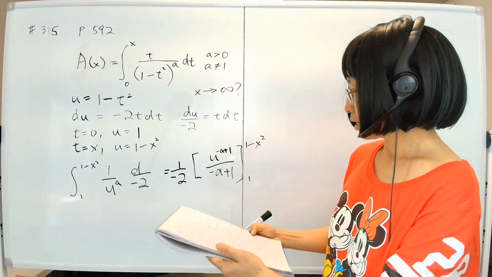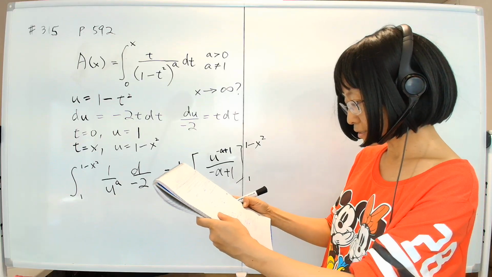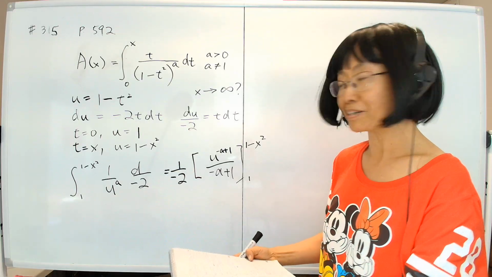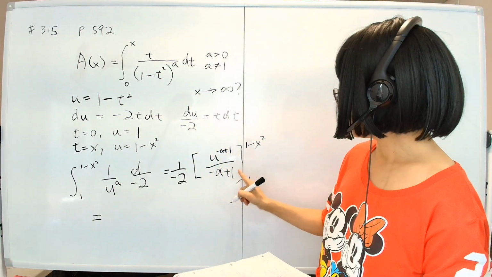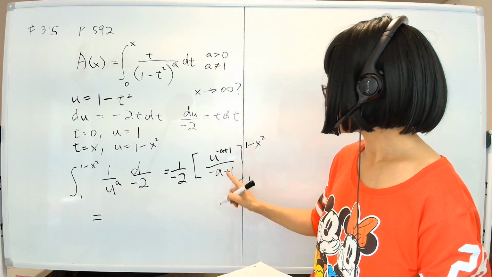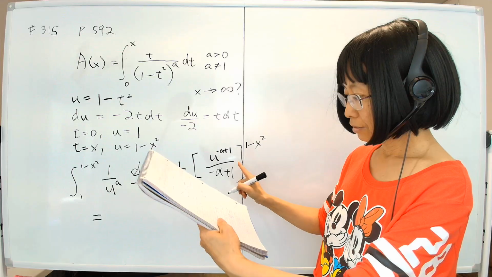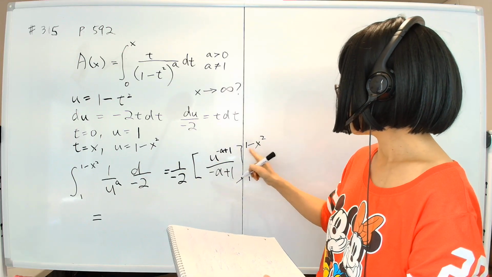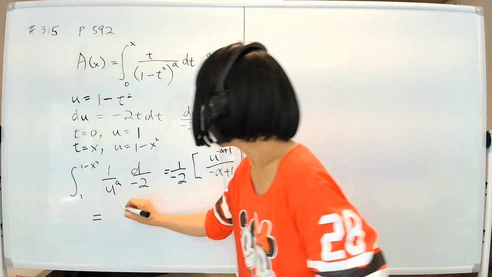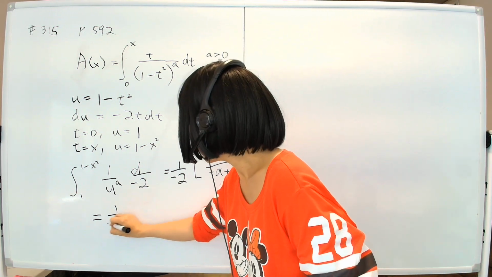All right, and so the rest is just some grunt work algebra, but we're going to do that. The first one, u equals 1 minus x squared. So let's write down all that stuff.